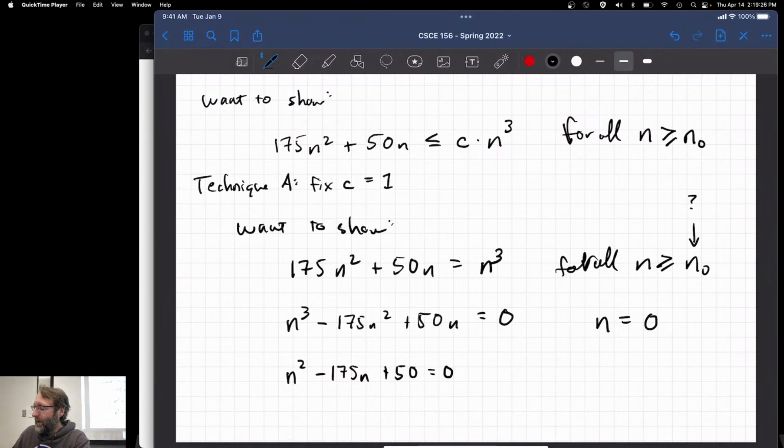What is that going to be? Negative b, which is negative 175, negative minus 175, so 175 plus minus square root of b squared, 175 squared minus 4ac, so that's going to be what? 4 times 50 is 200, all over 2a, a is 1.